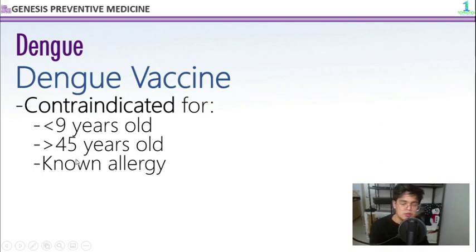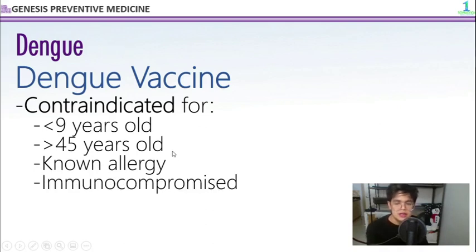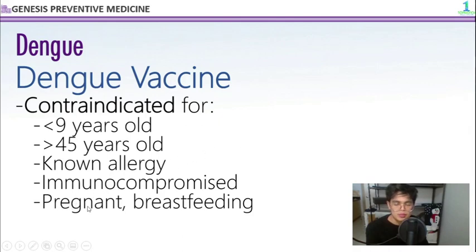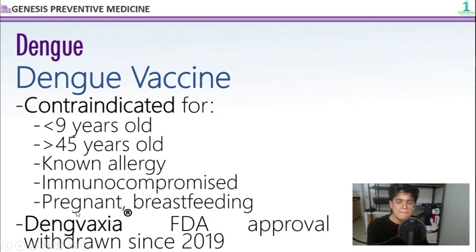Contraindicated, of course, for patients with known allergy, for immunocompromised people, and those who are pregnant or breastfeeding. So unfortunately, due to many surrounding controversies, the Dengvaxia brand for dengue vaccine had its FDA approval withdrawn in 2019. So, there is no dengue vaccine being given as of late.